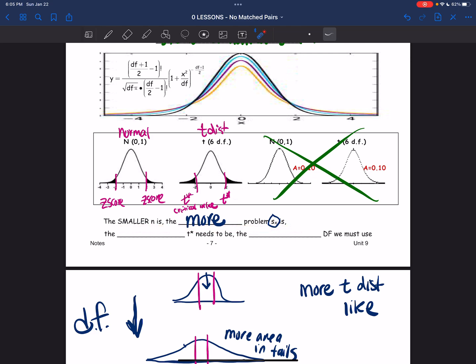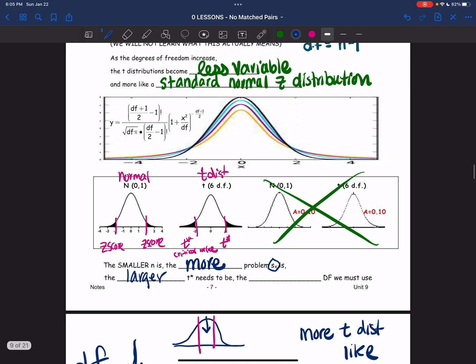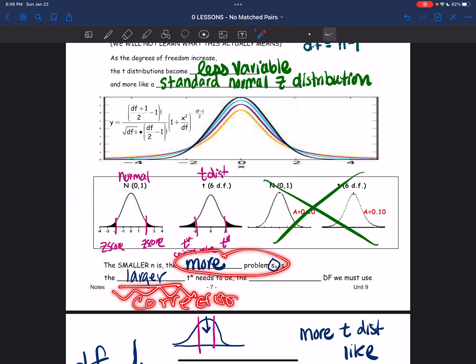The larger T-star needs to be. T-star will have to get bigger. This will have to go out farther to correct more. Think about this as a correction. The more of a problem this is, the more we're going to have to correct. And the larger T-star is, the fewer degrees of freedom we must use.